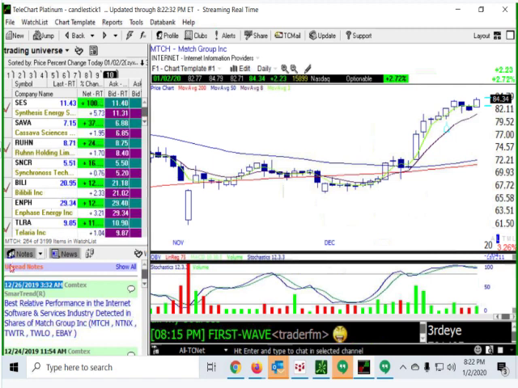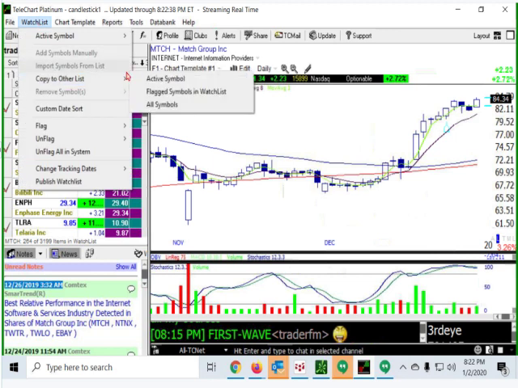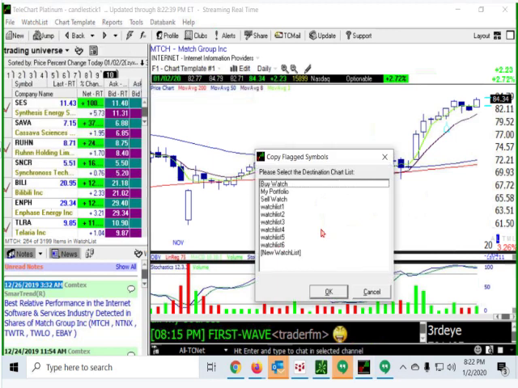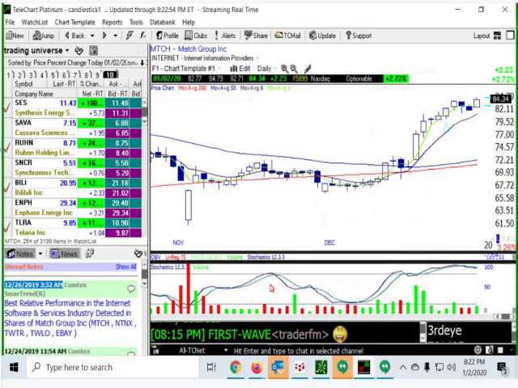Now, once I've done this, let's see, I kind of slid down here. All the ones that I have hit with an X and flagged, I'm going to copy all the flag signals to my bucket watch list of watch list 6. Oh, that would have been my next criteria. Let me go here to watch list 6 and add all those.